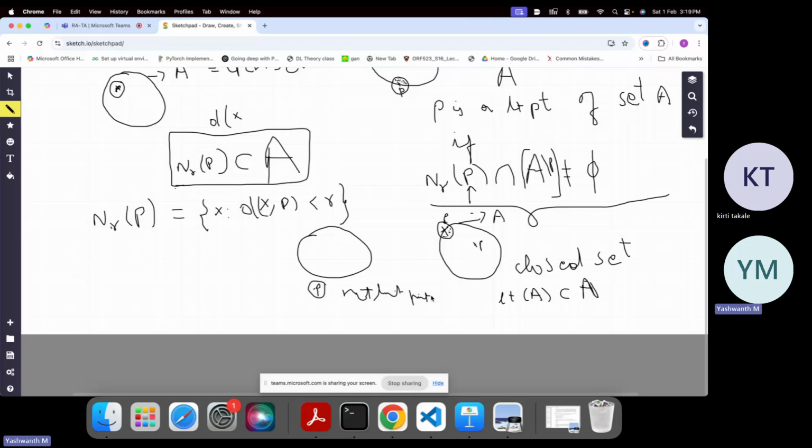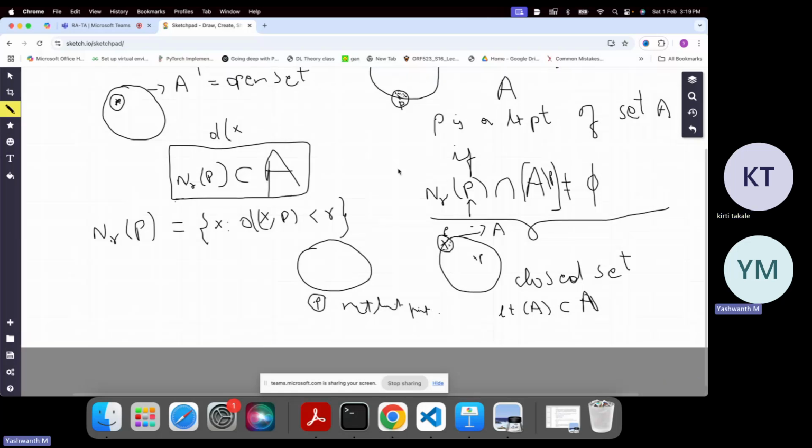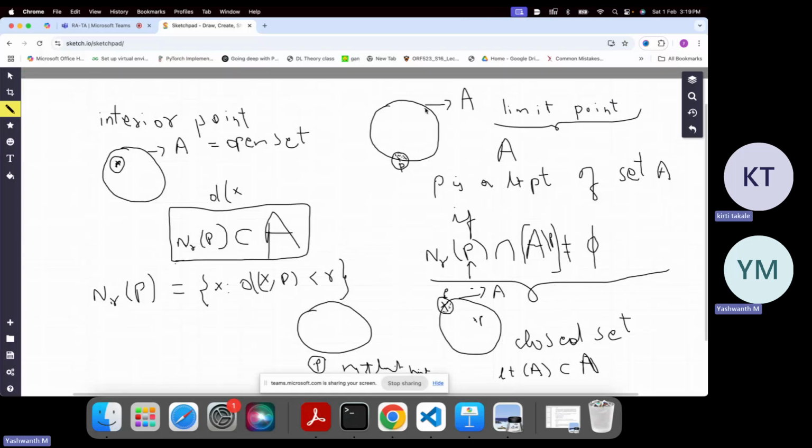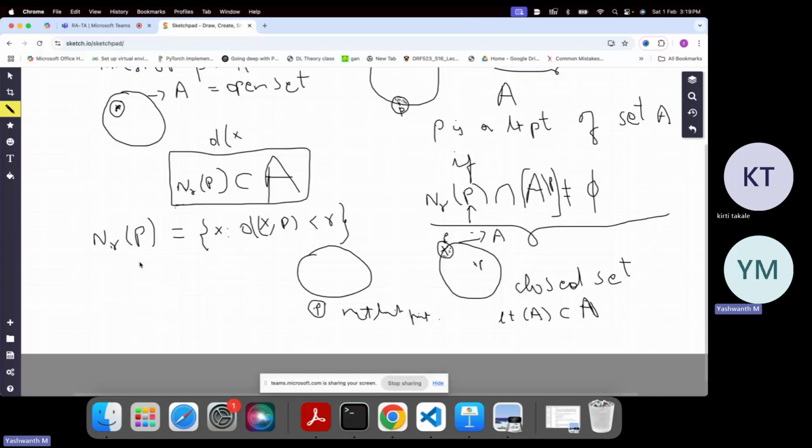One more thing is, the limit point need not belong to the set. This boundary is there, right? The boundary need not belong to the set A. We can call this an open ball around point P, right? Now I can draw a dotted ball. That means this set doesn't include the boundary, which is in dots.